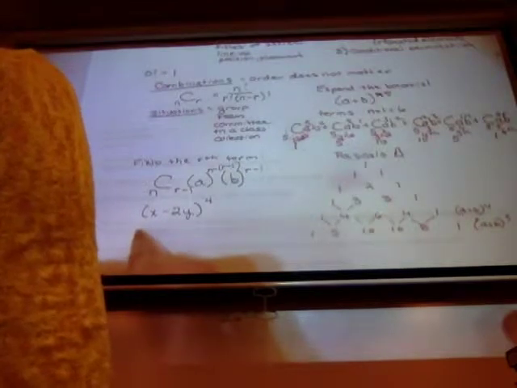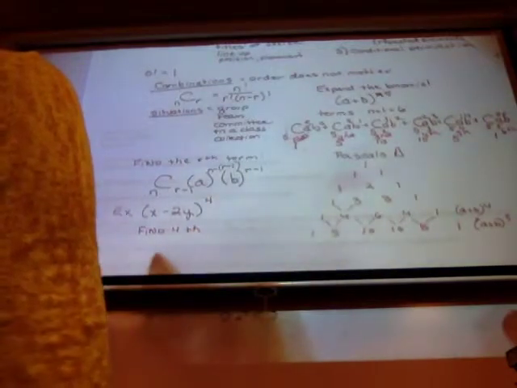So let's do an example. And I'm going to do something a little bit harder. If you'd have something like this, and I'd want you to find the fourth term. Okay, so I know it's going to be 4, but what will this number be? 3, because it's always one less. I have x and I have negative 2y.